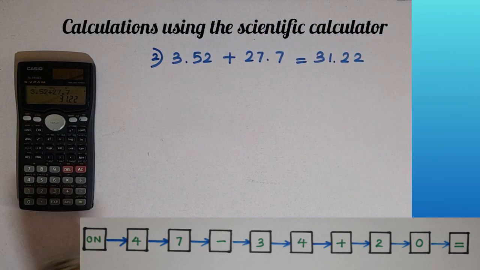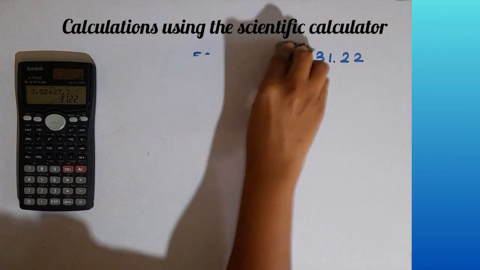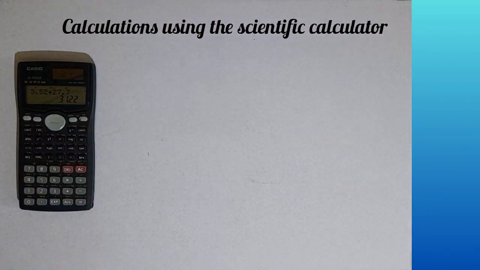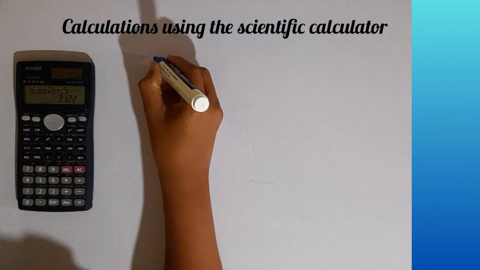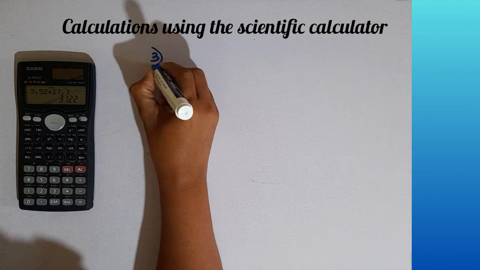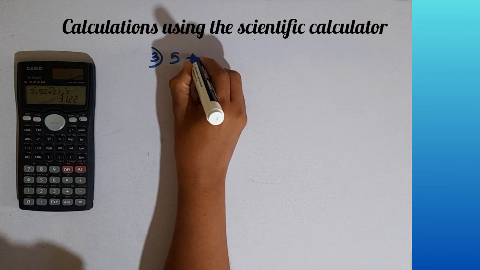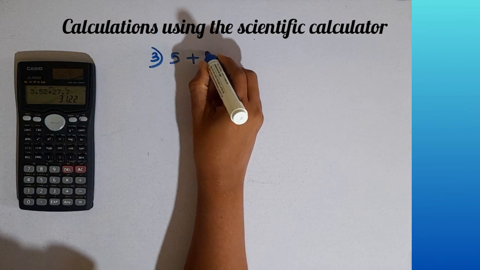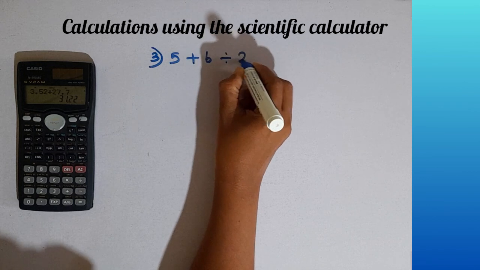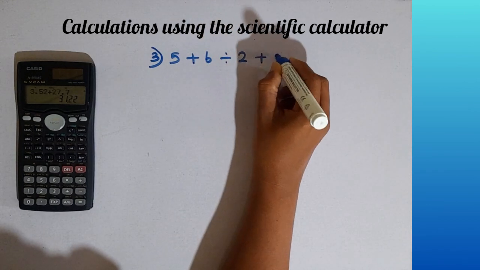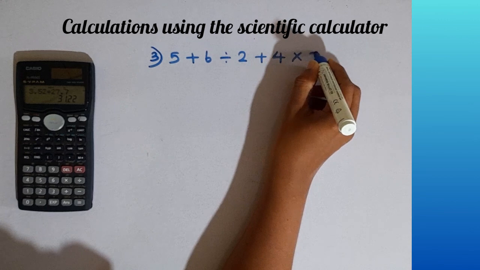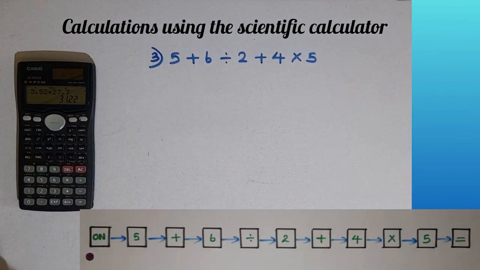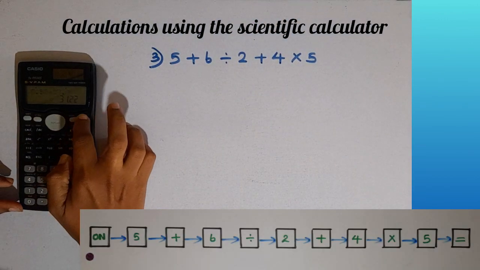Then the third sum, we are given 5 plus 6 divide 2 plus 4 multiply 5. First we have to press the on key.